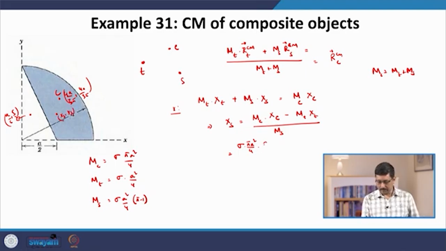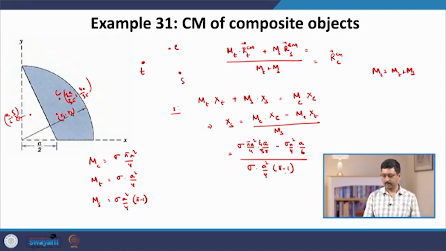So, mc times 4a by 3 pi, minus mt, which is sigma a square by 4, times xt, which is a by 6, divided by sigma times a square by 4 into pi minus 1. So, sigma gets cancelled, the 4 gets cancelled, and the pi gets cancelled.